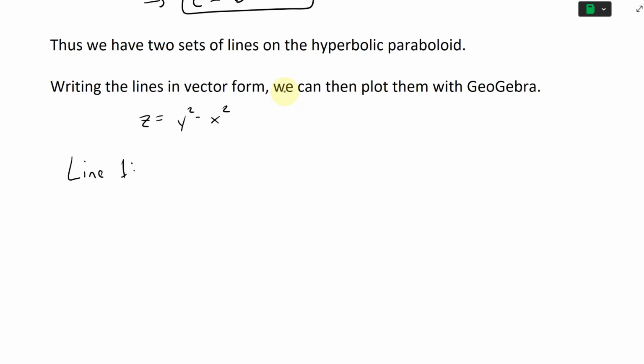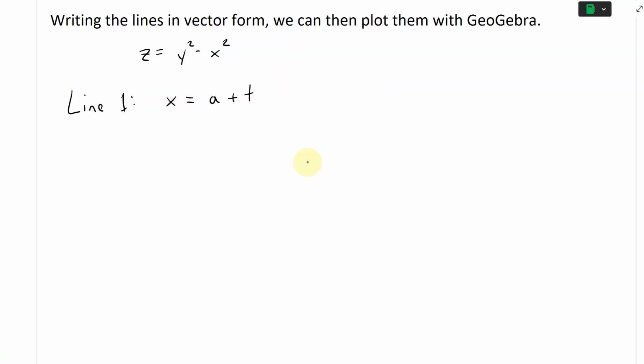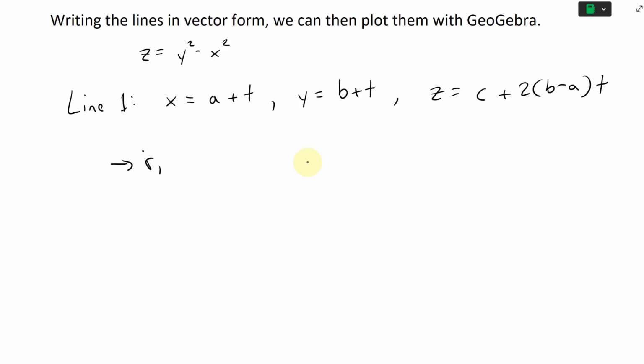So let's go to line 1. Here are the parametric equations: x equals a plus t, y equals b plus t, and z is equal to c plus 2b minus a t. Basically, writing this in vector form, we'll call this r1.